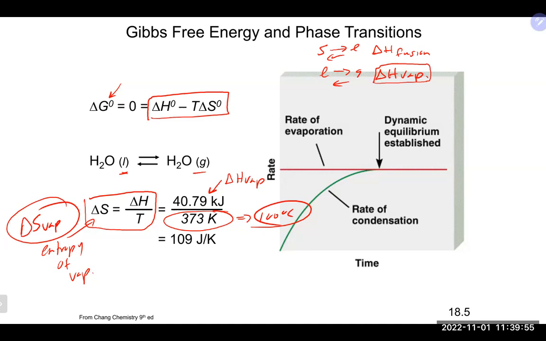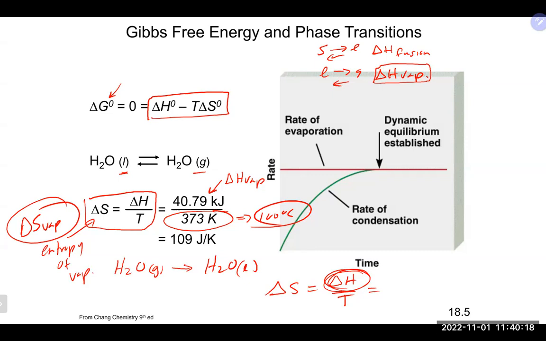Now, if I was going the opposite way, going from gas back to liquid, how would this calculation change? The only difference is this guy, right? If you go from gas to liquid, that is an exothermic process, right?